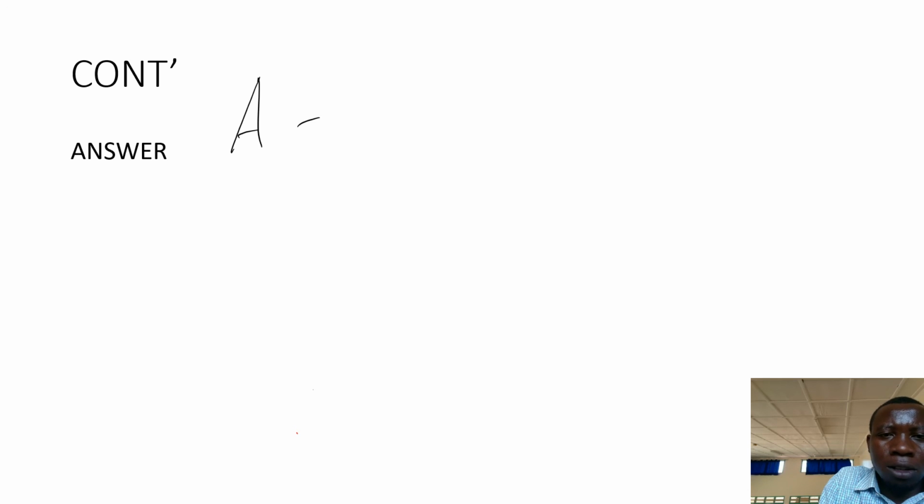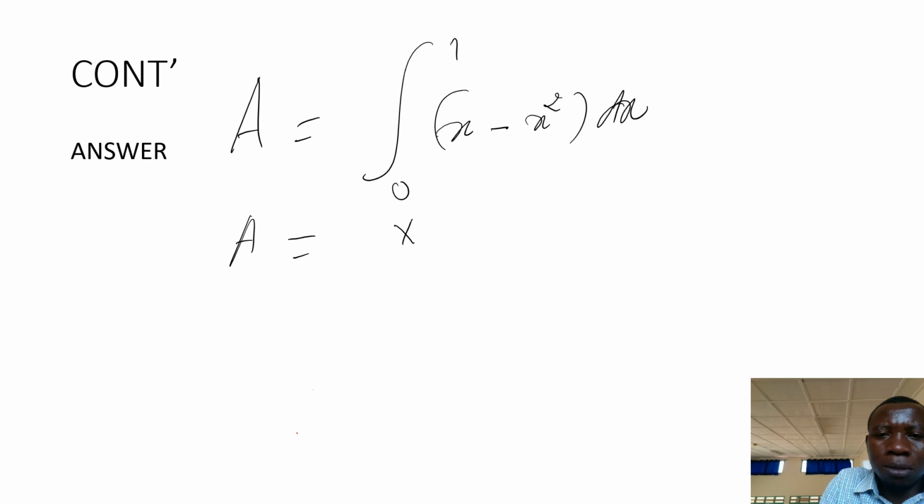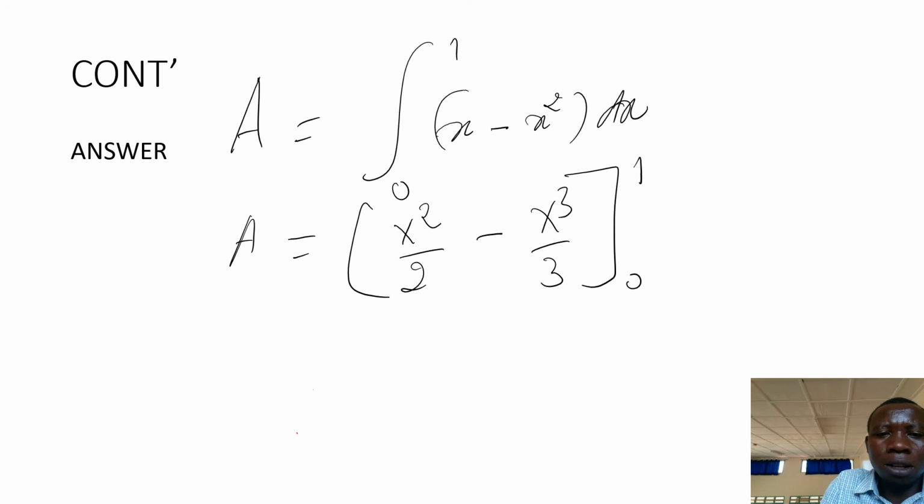So our area is equal to the integral from 0 to 1. The upper curve in that region is the straight line, x. The lower curve of the region is x squared. Then dx. Area is equal to x squared over 2 minus x cubed over 3, from 0 to 1.